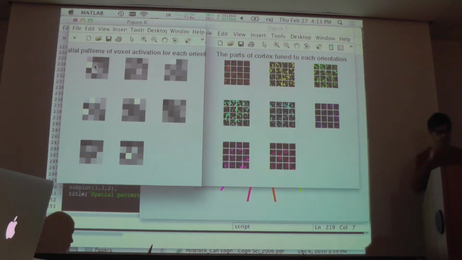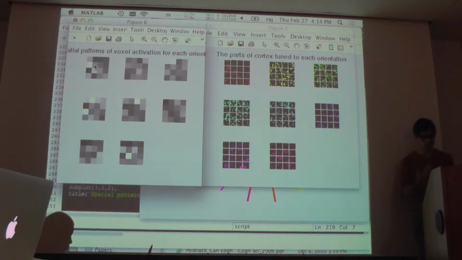So if you just look at the activation of a particular voxel, they're all making it active, but it's the pattern that differs. If there's a single thing that you need to understand in order to understand why looking at multivoxel pattern activations is a worthwhile thing to do, or why it's any different from a standard fMRI analysis, this is the reason.